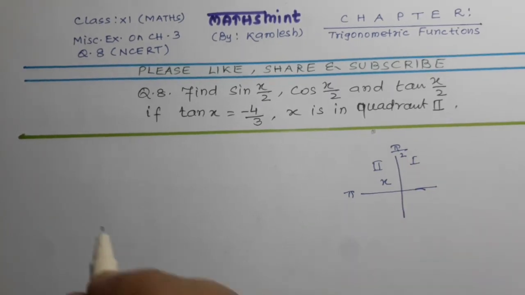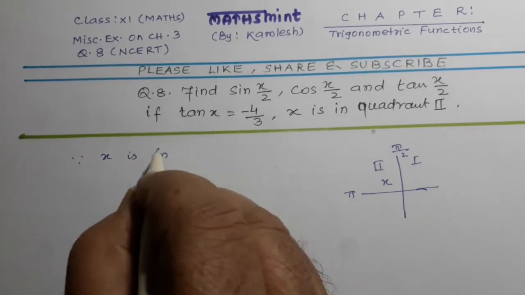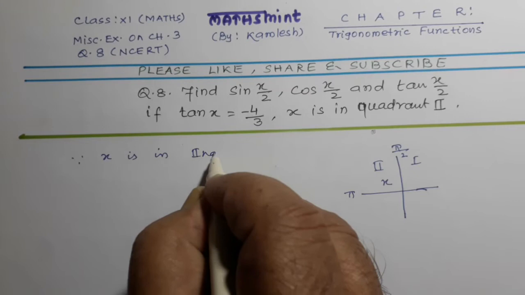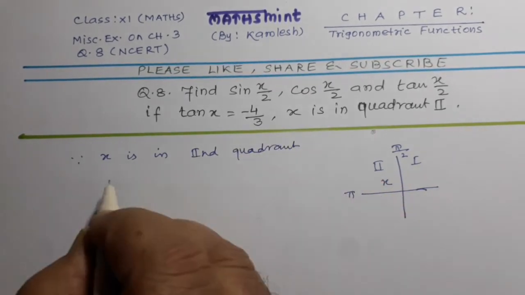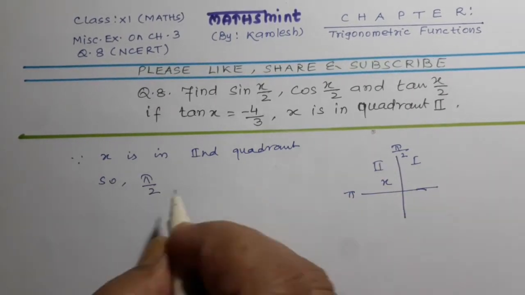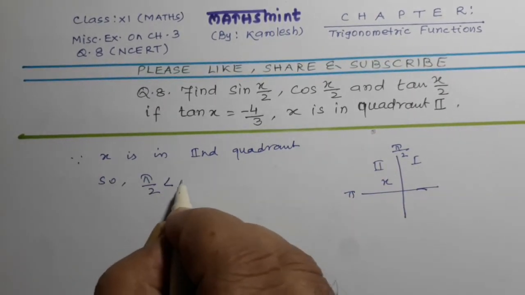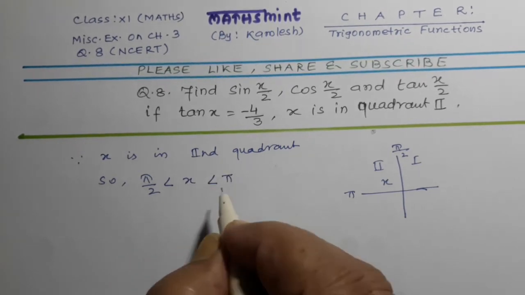So we shall write here, since x is in second quadrant, so pi by 2 is smaller than x and x is smaller than pi.